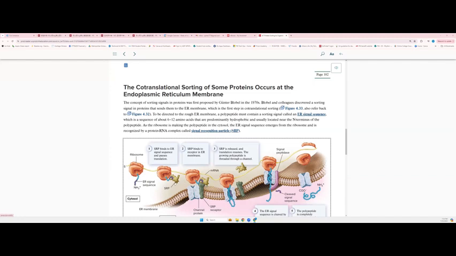So basically, the SRP and the binding are like a GPS, giving you guidance and direction to help you reach the designated place.